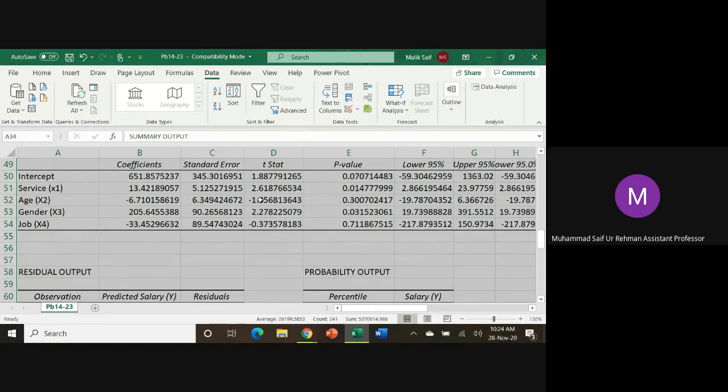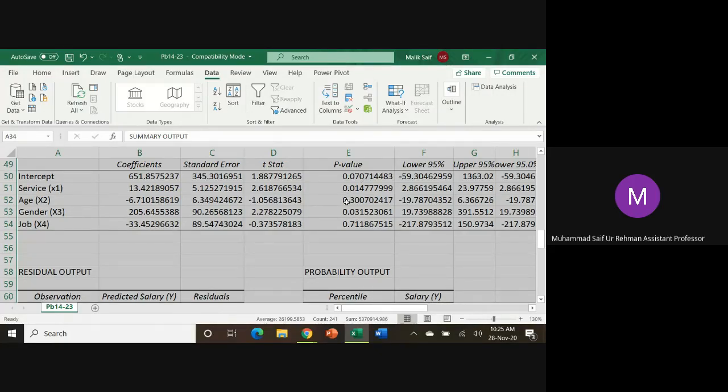One by one means that first of all you are going to take into your account the service months, whether service months are affecting the salary. You can see over here that t is more than 2. There is some set pattern that if the t stat exceeds 2, we normally reject H naught. But better will be if you consider the p value into your account.